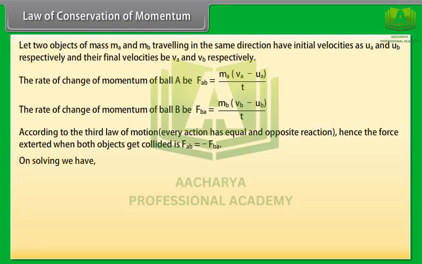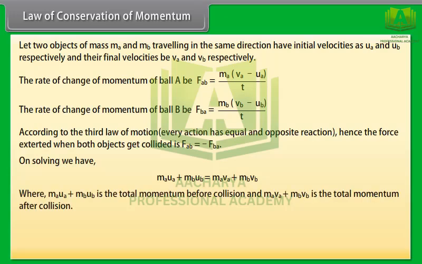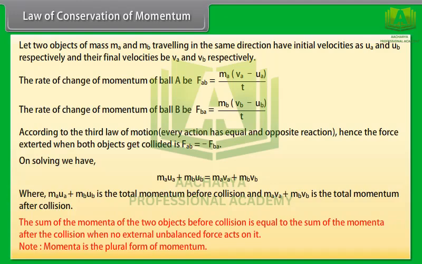On solving, we have mAuA plus mBuB is equal to mAvA plus mBvB, where mAuA plus mBuB is the total momentum before collision and mAvA plus mBvB is the total momentum after collision. The sum of the momenta of the two objects before collision is equal to the sum of the momenta after the collision when no external unbalanced force acts on them.